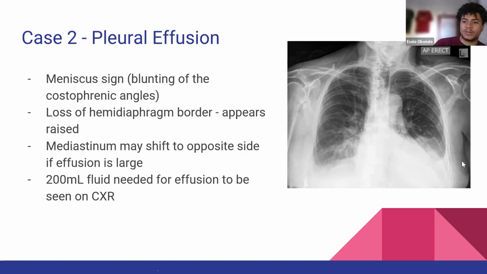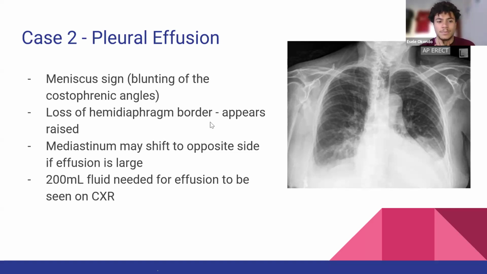So key things with pleural effusion on your chest X-ray, as you can see here, we have a kind of bilateral pleural effusion, but it's worse on the left side. Can I convince you there's definitely blunting of the costophrenic angles, and there's almost like a meniscus sign that shows the fluid level.